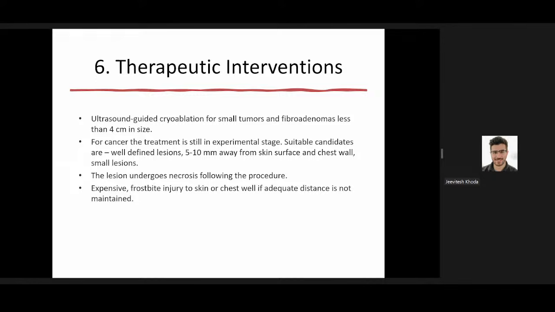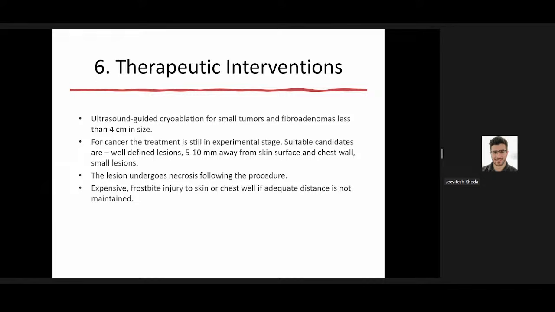But for benign lesions, if you're targeting those lesions, they ideally should be well defined, because for ablation there is a defined zone, and you can select how much of the zone you want to ablate. If the lesion is well defined, only then will you know how much area you want to ablate. If you cannot even see the lesion properly, then don't ablate, because you will either under-ablate or unnecessarily over-ablate the area.